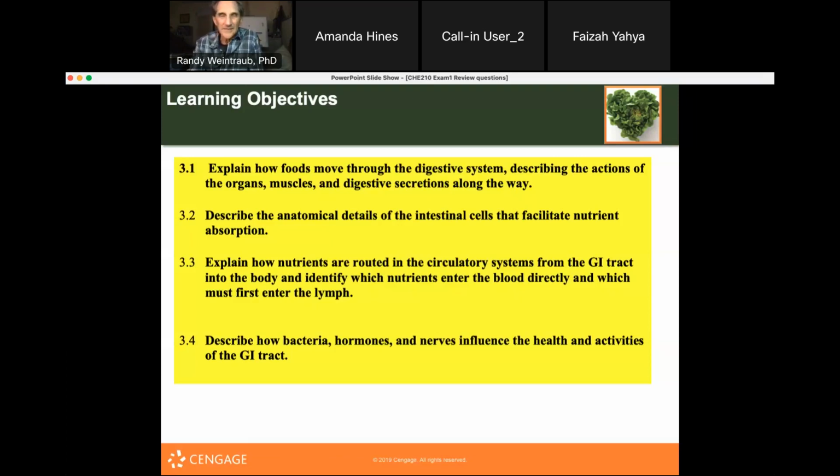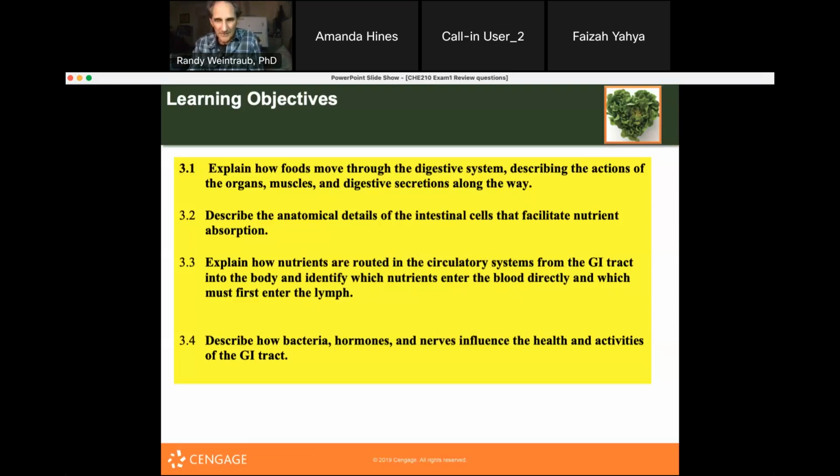The anatomy of the absorption sites. How do nutrients get absorbed? Where are they routed? We have the routing through the vascular system and through the lymph nodes.